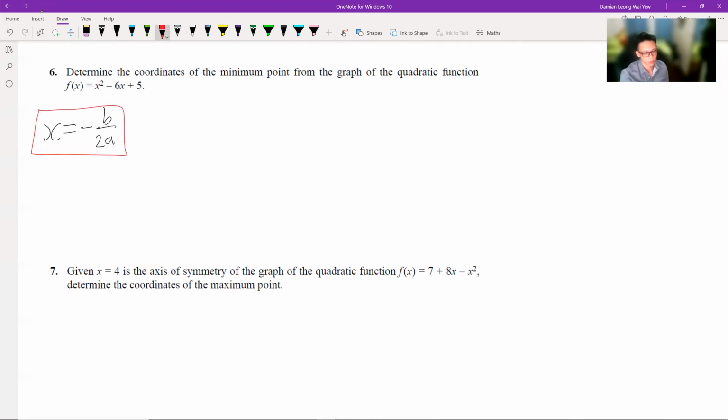It's in your textbook, but not in the middle part of it. It's like a side excerpt on one of the pages, so you may miss it if you flip through it very quickly. But it is there in your textbook, x for axis of symmetry.